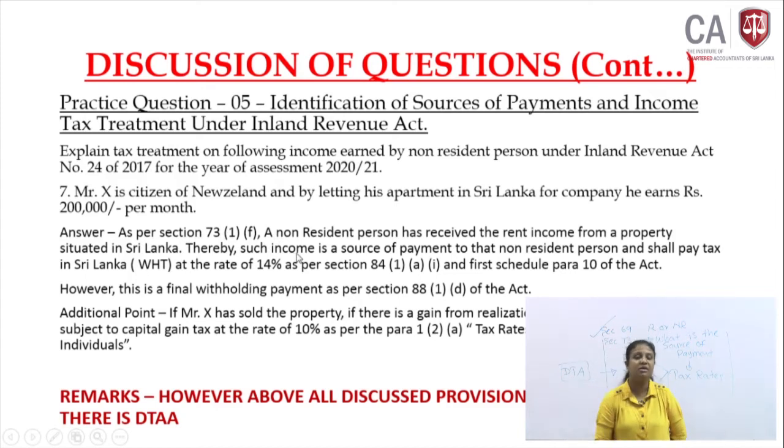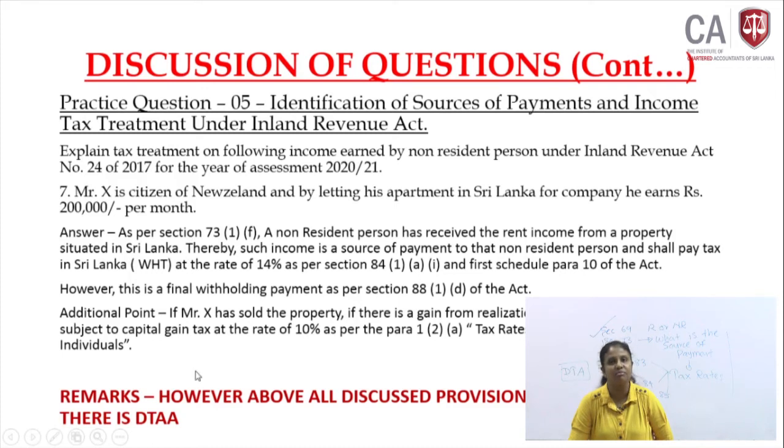Do you know the income tax or withholding tax rate applicable to this rent? Yes, it is 14%. We will go through the answer. As per section 73 subsection 1f, a non-resident person has received rent income from a property situated in Sri Lanka.